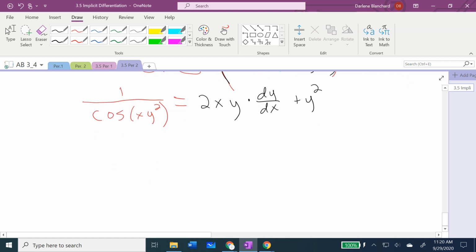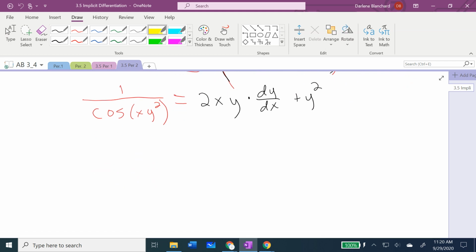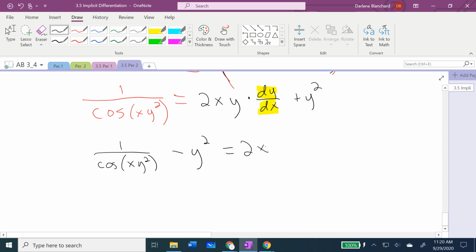Then to isolate dy dx as if it were a variable, I need to first subtract the y squared. And then I need to divide by 2xy.